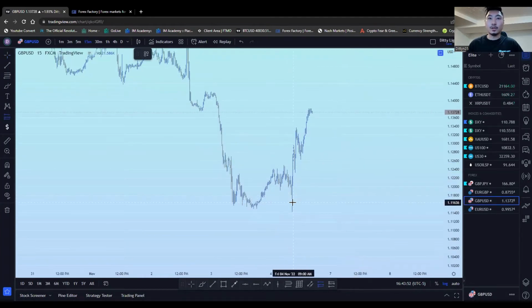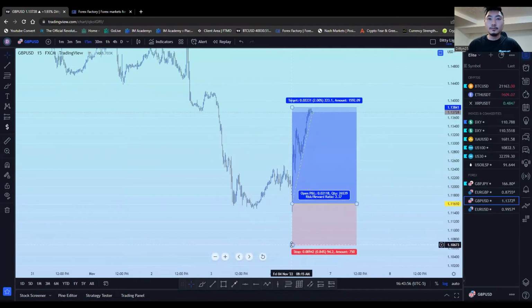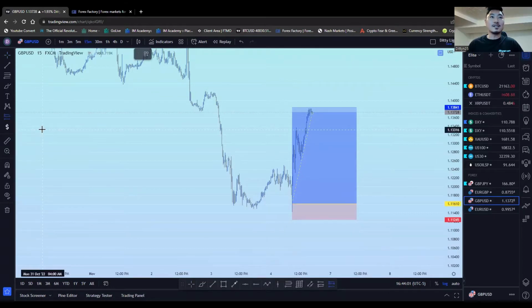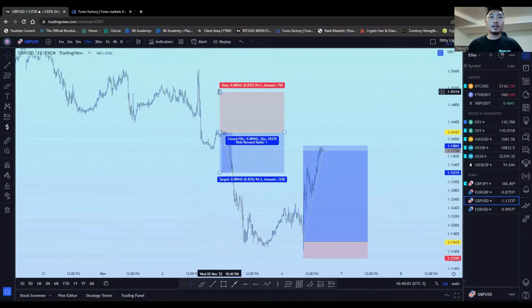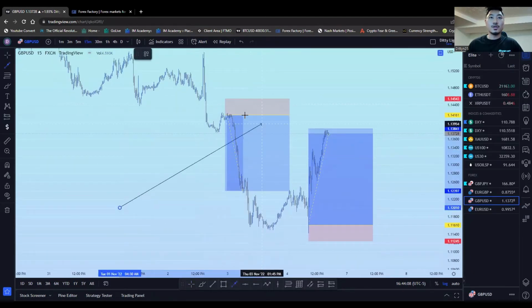and for example, you took a long here, so long is a buy position, and short position is a sell, right? So if, for example, this position here simulates your position in the market. So for this example, here is a short position. At the beginning I was struggling between what is a long and what is a short.